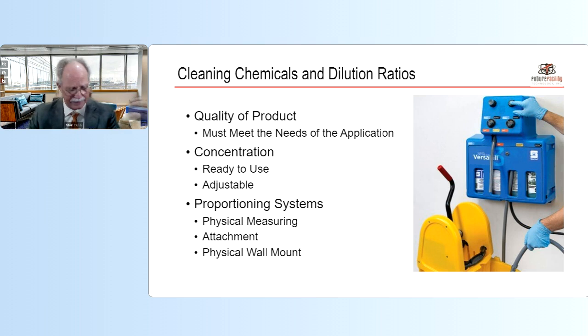Another thing that is remarkably important is dilution ratios and methods for diluting. It must meet the needs of the application. So concentration is ready-to-use chemistry. We all know that comes in spray bottles or whatever we happen to be using it for, and it can be adjustable in concentration.